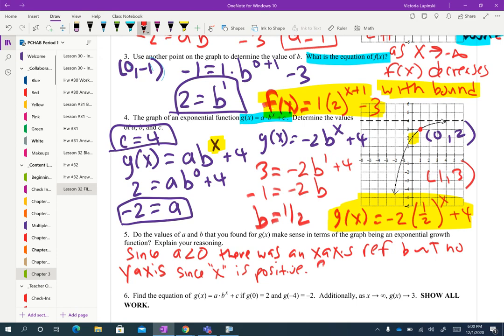So basically, since b is between 0 and 1 and there is a reflection, growth makes sense. And that's really not very eloquent at all. But again, if you take a look at your function, the fact that you got a 1/2 inside, the fact that the equation says decay, but your graph is growth, the reason why that happened is because of the reflection. So as long as you hit all those notes, that's really what we're looking for here.